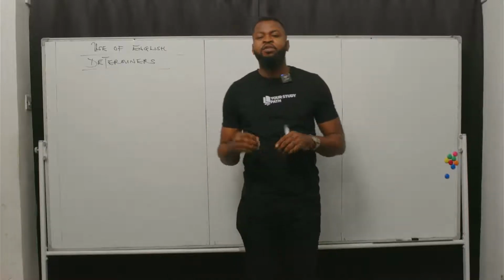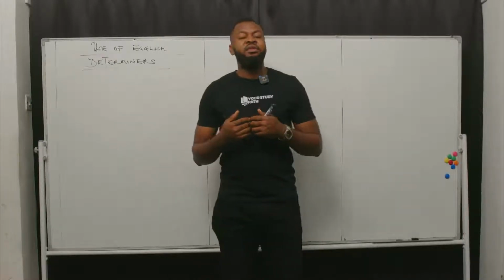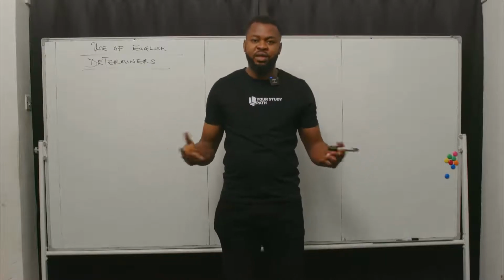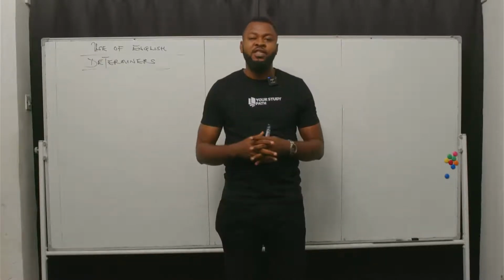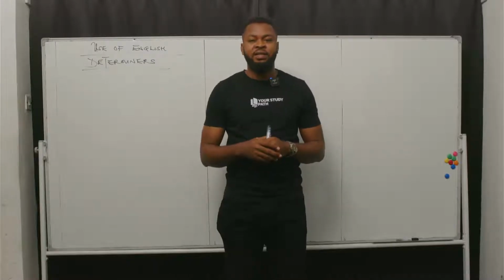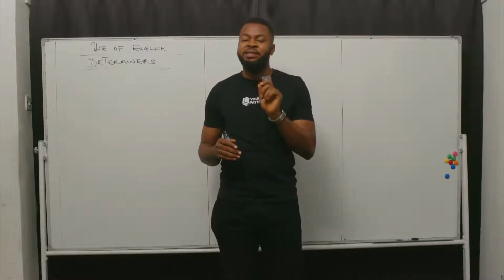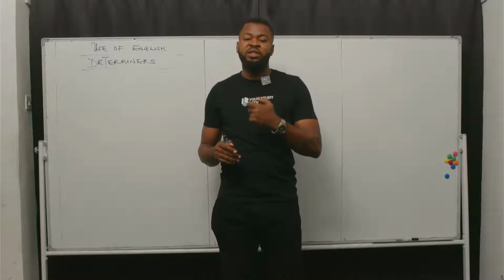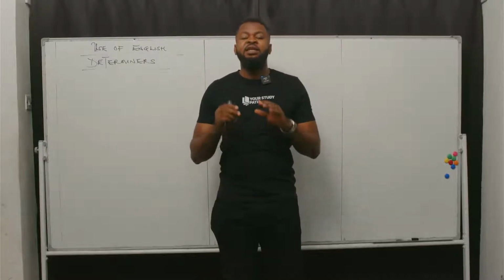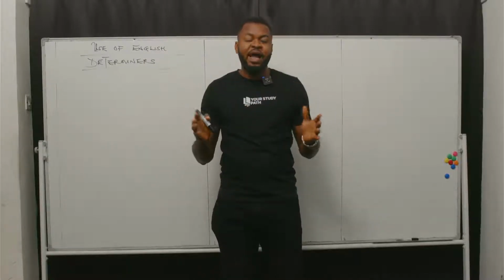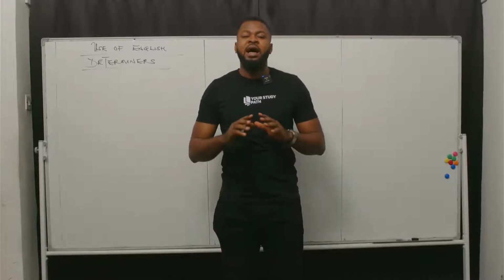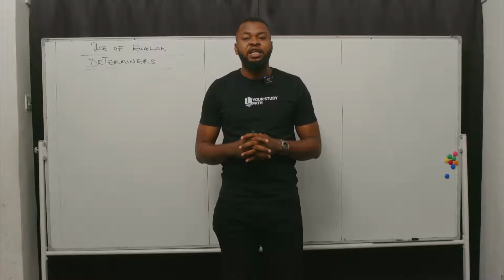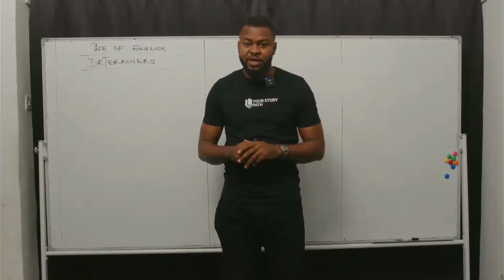When we talk about determiners, it seems to be very broad, and I'm going to be taking time to diversify each of the aspects of determiners in today's class. What necessitated the removal of determiner from adjective is the fact that determiner is very broad and it needs to stand on its own as one of the parts of speech in English. I hope this is very clear to you now.